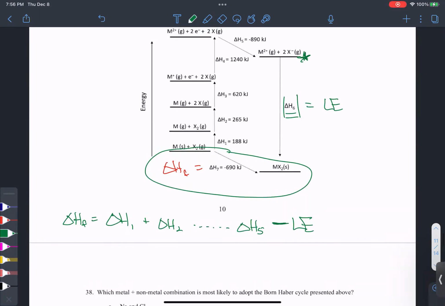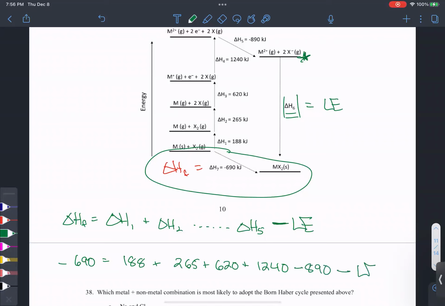So to put this together, it's negative 690 equals 188 plus 265 plus 620 plus 120 or 1,240. The next step is a negative value. What do I put next? Do I do anything special to it? No, you just add it as is. So it's minus 890 and then minus that lattice energy.